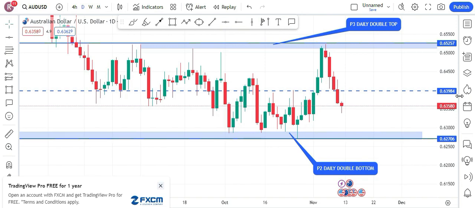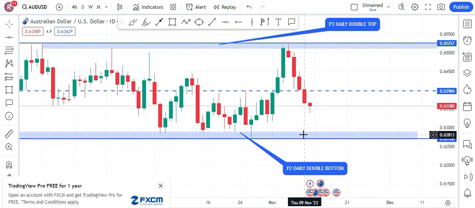So what we can see is that the previous top has been made, and the demand zone is here. The price has already come down to this place, and the buyers started getting interested and pushed the price to the current level last week.